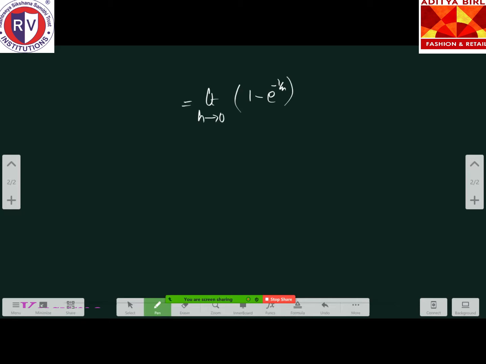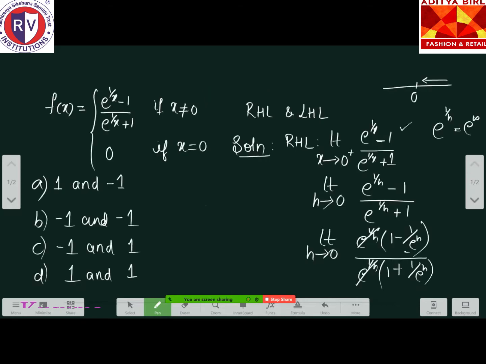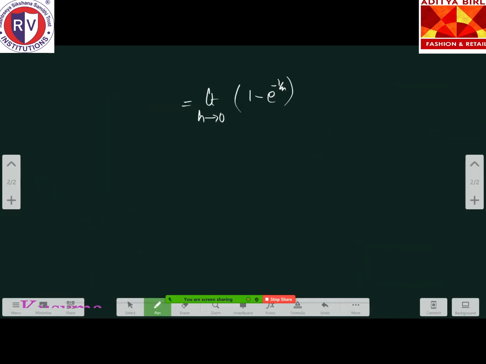Because e to the power of 1 by h is in the denominator, therefore 1 by e to the power of 1 by h can be written as e to the power of minus 1 by h, divided by, in the denominator, 1 plus e to the power of minus 1 by h.